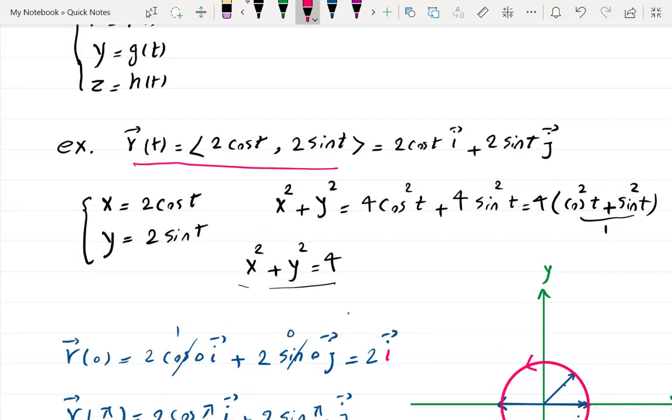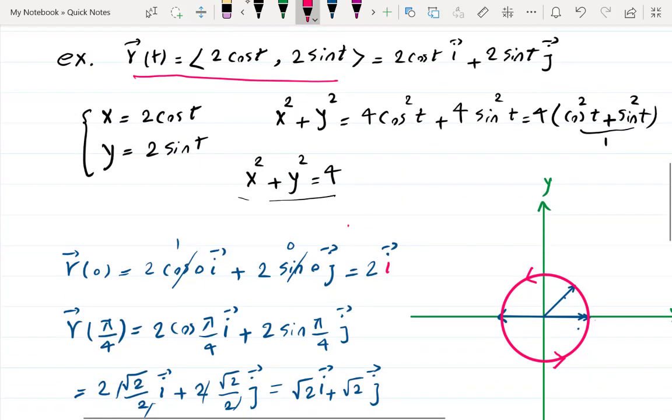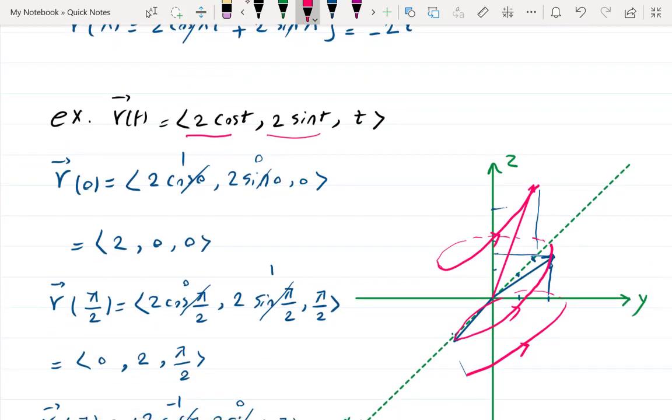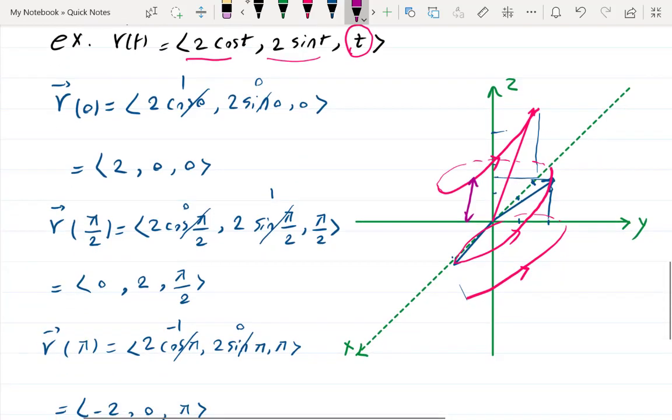And as you see, the shape of that example was the circle with the center at the origin and the radius of 2. But the difference is in the third component. By increasing t, the height of the curve increases too. So it makes this directed curve not smooth or in the plane. It is a spiral.